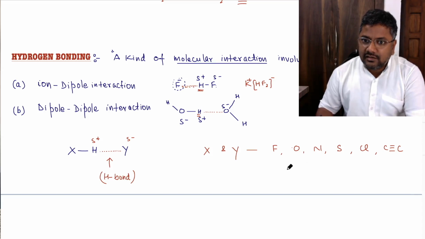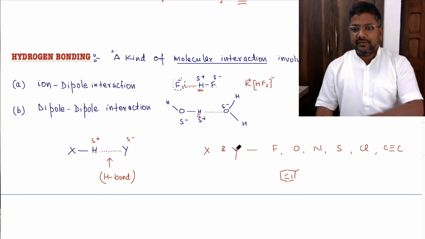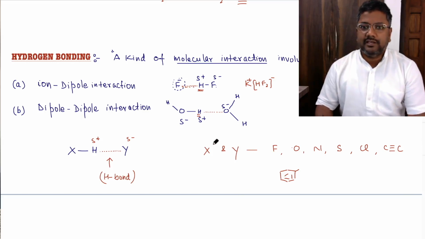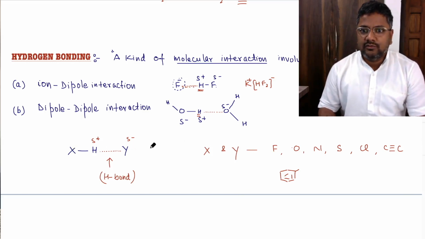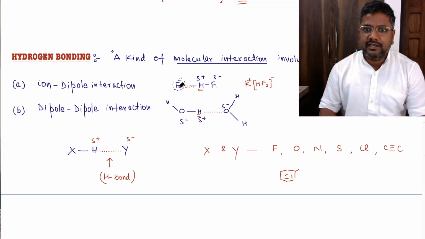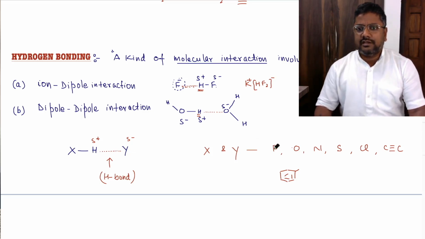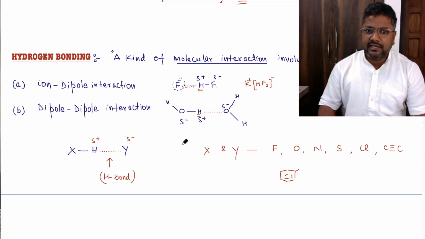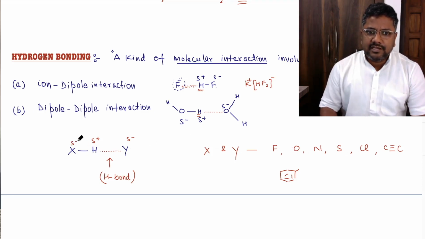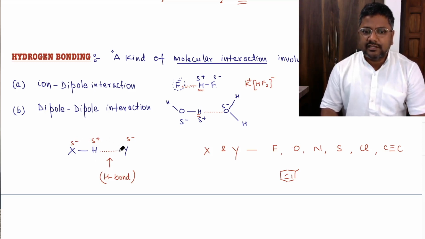And the benzene ring could also be the place of X or Y. So both may be the same, meaning here you can take O and O, here F and F. See, here I have taken F and F, and here you can take O and O, O and N, whatsoever more electronegative groups. As you know, this must have delta positive, because until or unless there is polarity, there is no interaction, right?